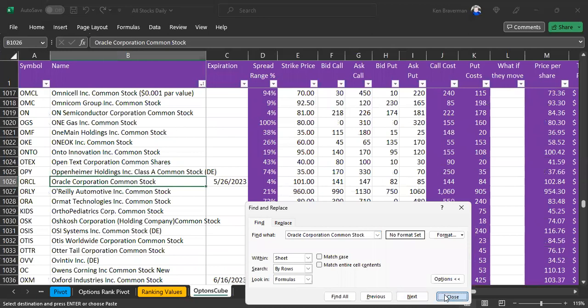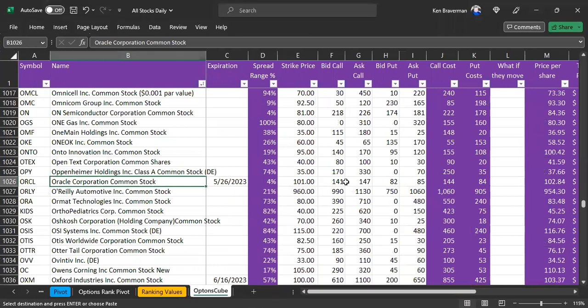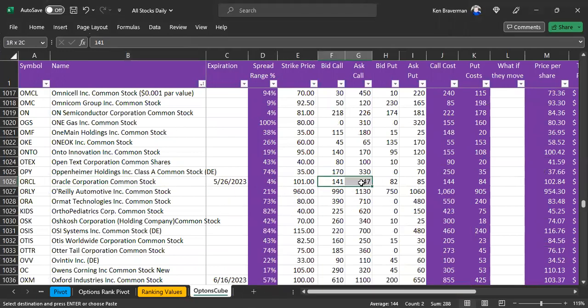So after one day of purchasing this option, this 101 strike price, I'm up $40, right? It's not that bad on 220-something dollars. It's almost 20% that you're up.